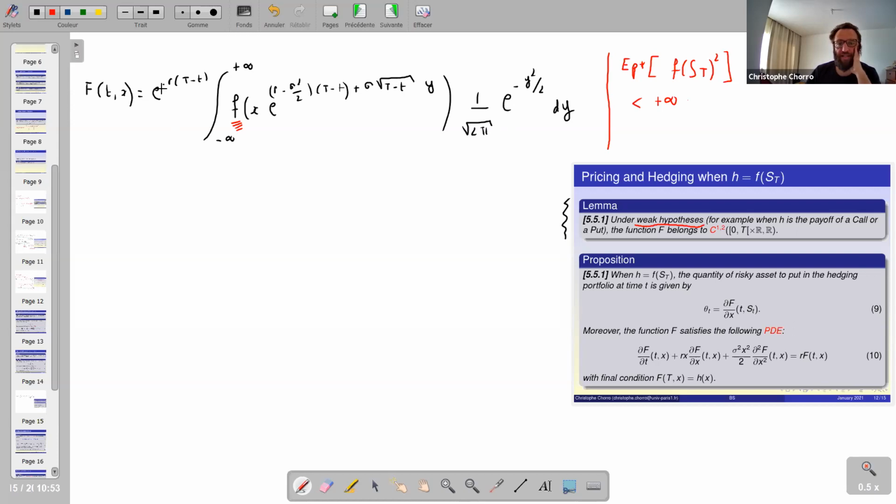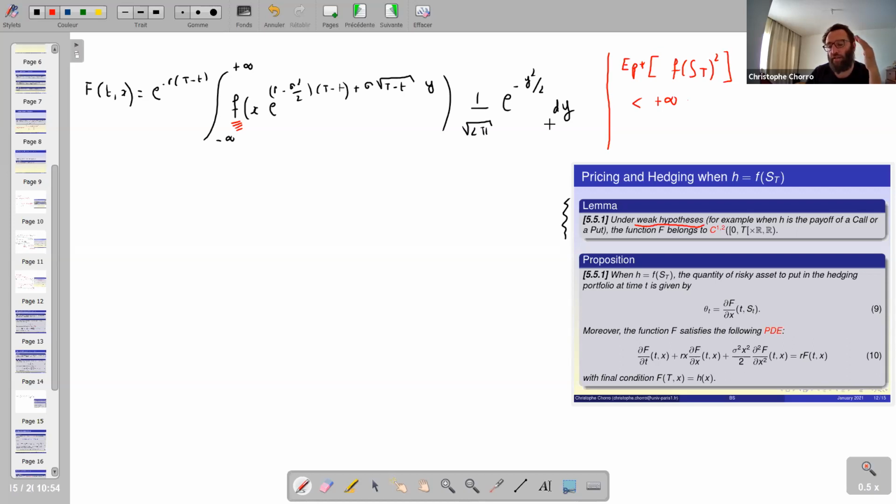So when I see this, I have a dependence in the time and in x. Here I have an integral depending on parameters that are t and x, the variable of integration being y. In general, if I want to prove the regularity of an integral on parameters, I have to use Lebesgue type theorems, with conditions in order to ensure that the integral is regular on its parameters.